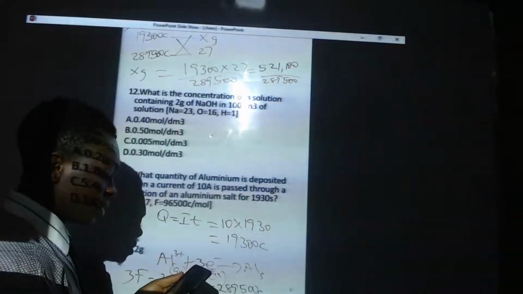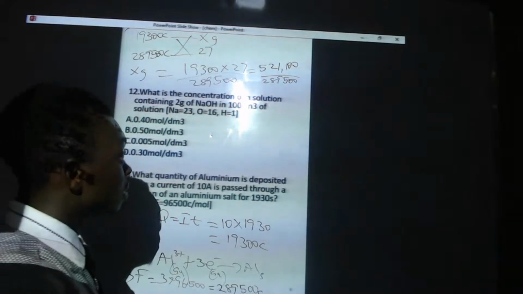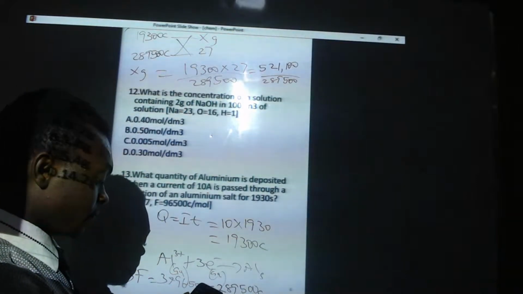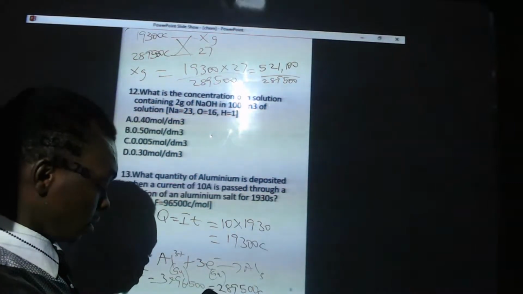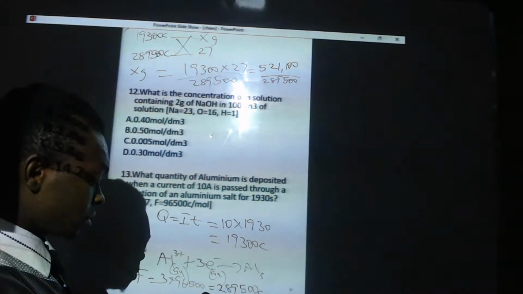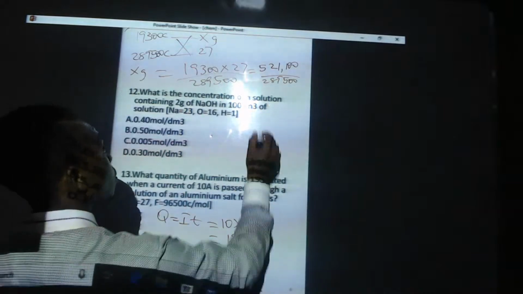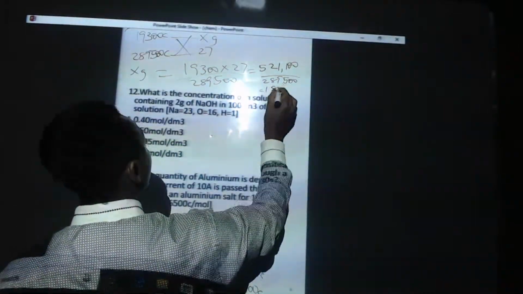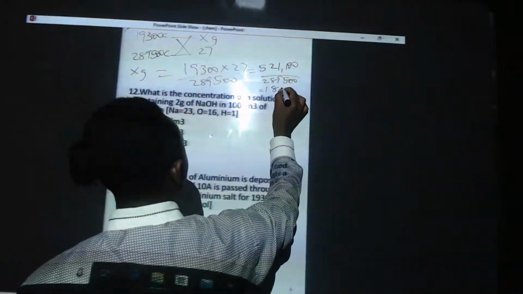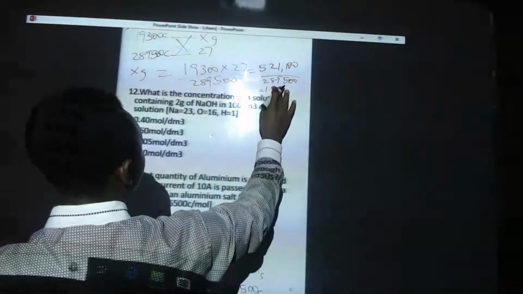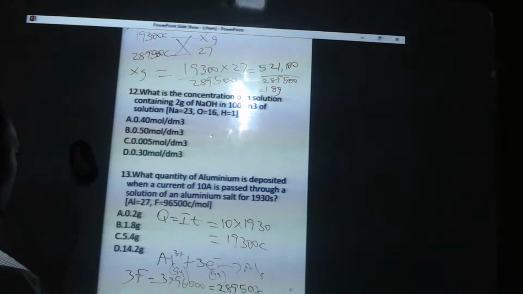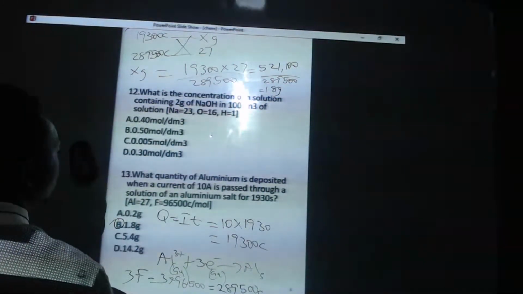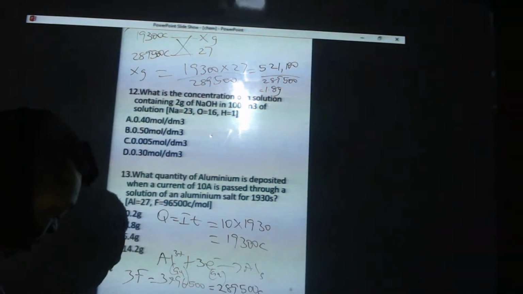And once you divide this, we're getting 1.8 grams, right? Of course, I'm dealing with grams here. 1.8 grams. Okay, very nice. So we are telling you the answer here: 1.8 grams.